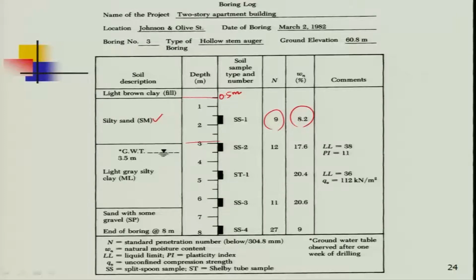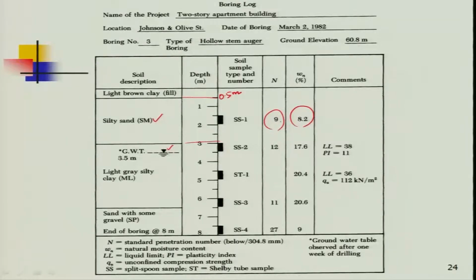Now come back here: the groundwater table is located at 3.5 meter. The symbol, as I said earlier, should be very clear and legible, so that somebody can see that the groundwater table is at 3.5 meter. Then here is light grey silty clay, ML.